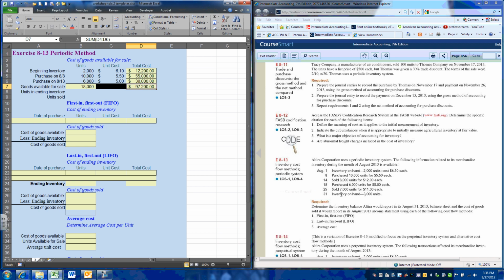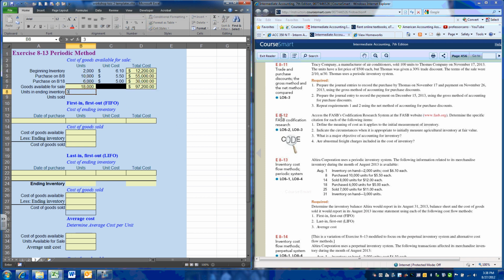Now the problem tells us we had two sales transactions, one for 8,000 units and one for 7,000 units, and that at the end of the period, the company had 3,000 units on hand.